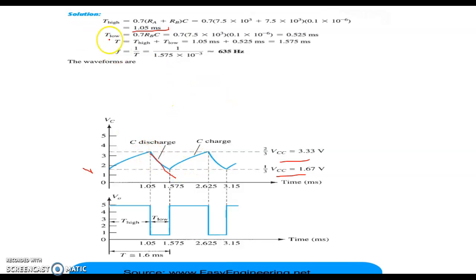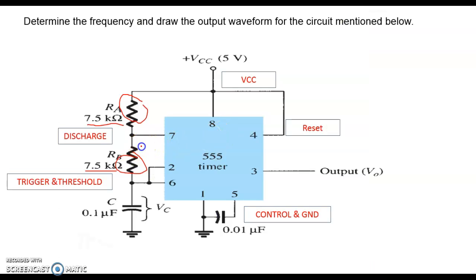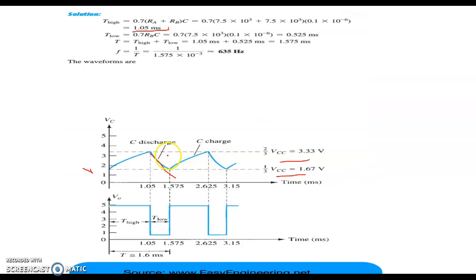The discharging for T low will be only through RB and C. The discharging of the capacitor will be 0.7 RBC, same, only tau changes, and T low is equal to 0.7 RBC. Putting the values of RB and C, we get T low equal to 0.525 millisecond.